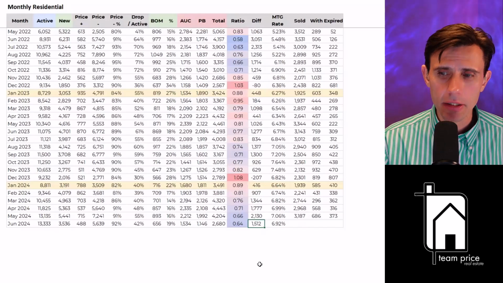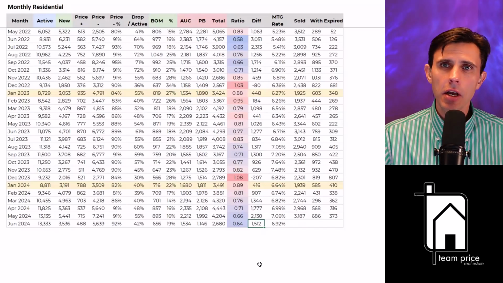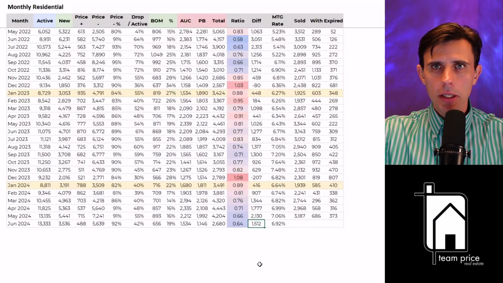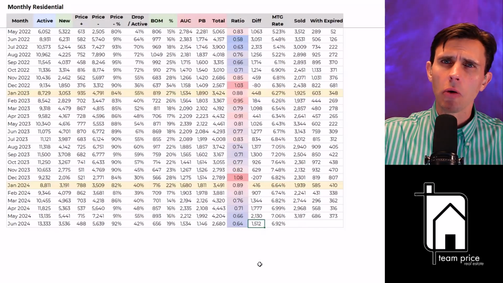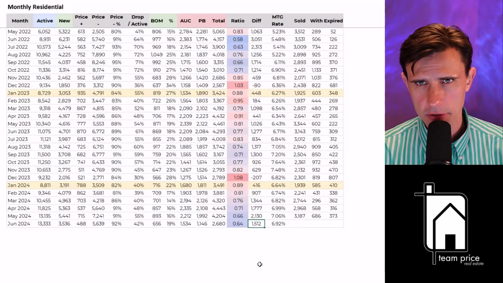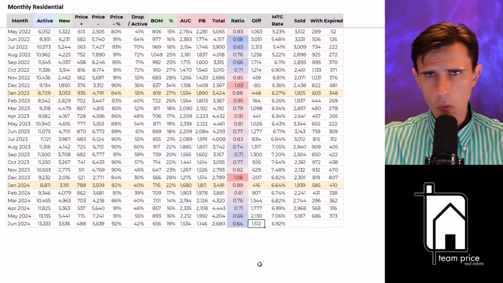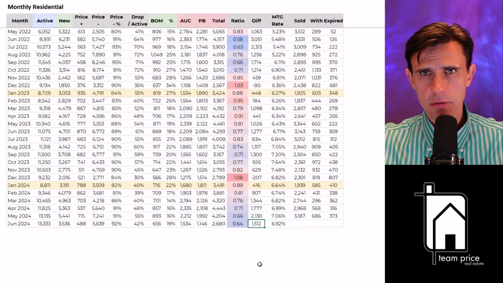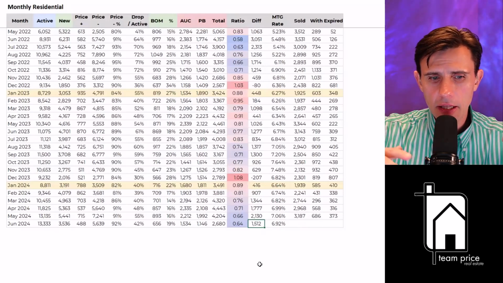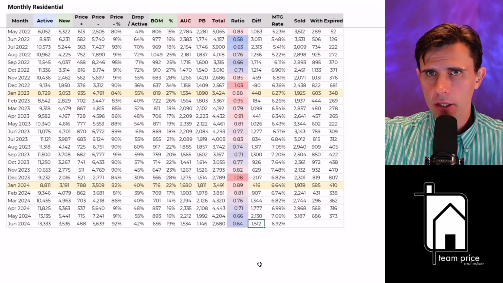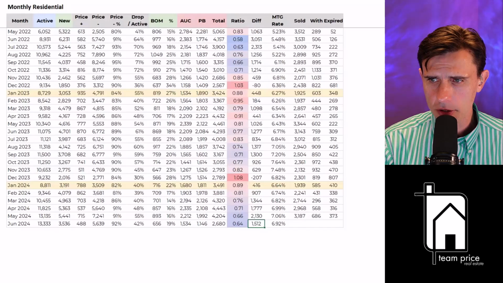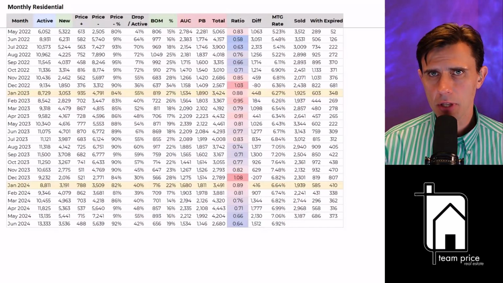Keep in mind, a little bit of a refresher here: a 1 ratio is perfect market equilibrium. Let's say you start with 10,000 listings and you end the month at a 1 ratio. That means you end the month at 10,000 listings, right? And let's say 5,000 listings came on the market. That means 5,000 listings left the market. Not the same listings, of course, but it's just ratios that we're looking at.